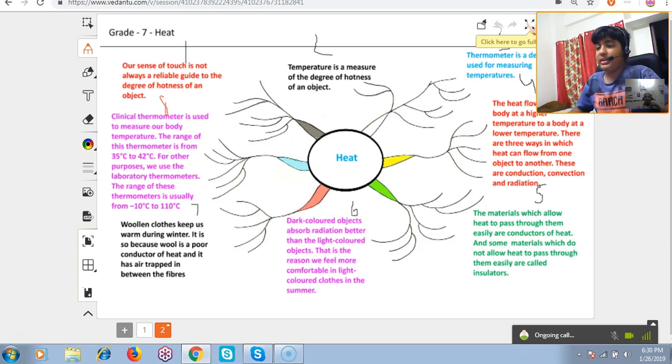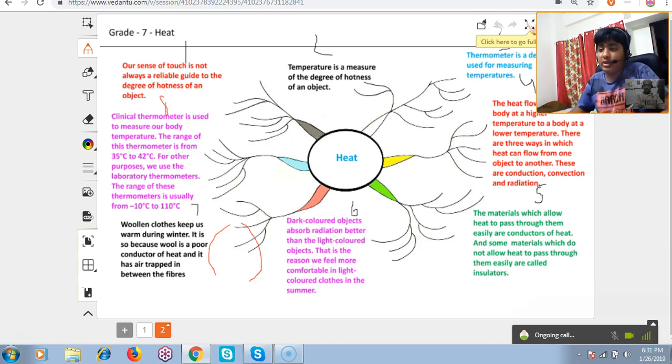And woolen clothes keep us warm during the winter. It is so because wool is a poor conductor of heat and has air trapped in between the fibers. So let's say this is wool. They keep us warm during the winter, which you all know. But why?